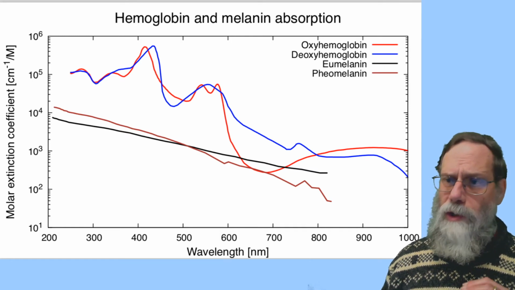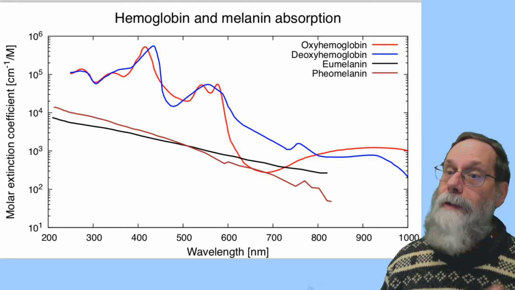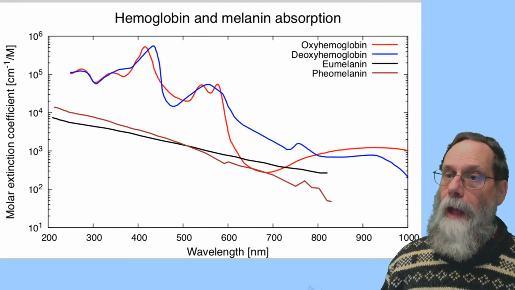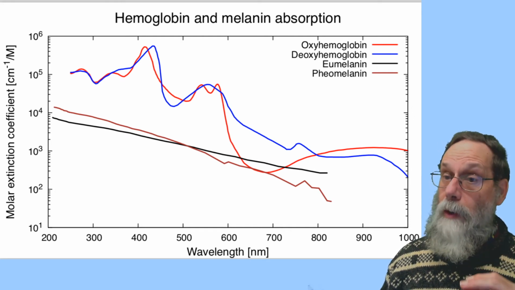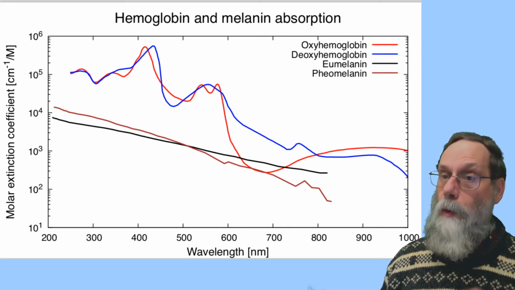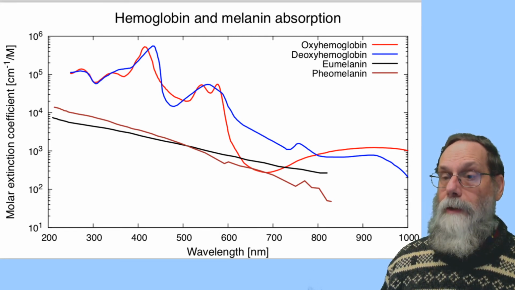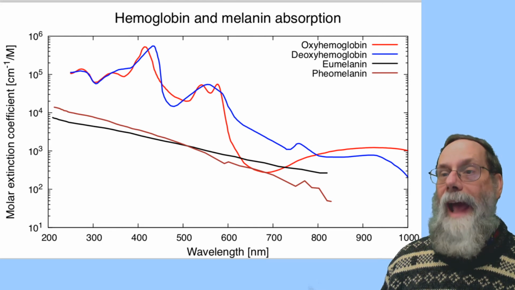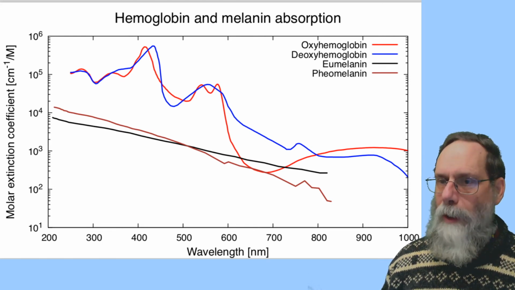But then they don't look at just the DC measurement of one measurement. What they do is they look for a pulse. And then they only take the signal that's the AC component, just the part that varies with the pulse, because that's the part that's due to the red blood cells. The other aspects, the fat, the bone, the skin, don't fluctuate.